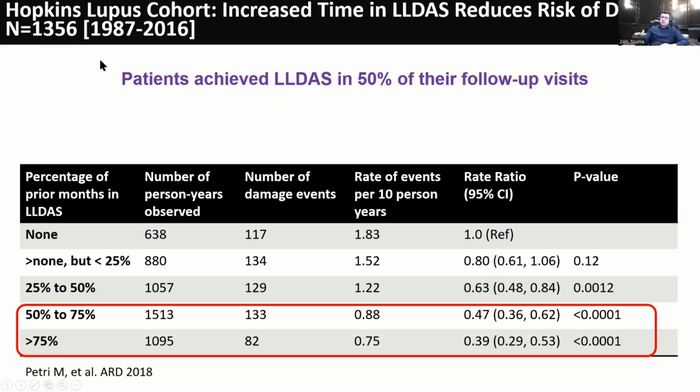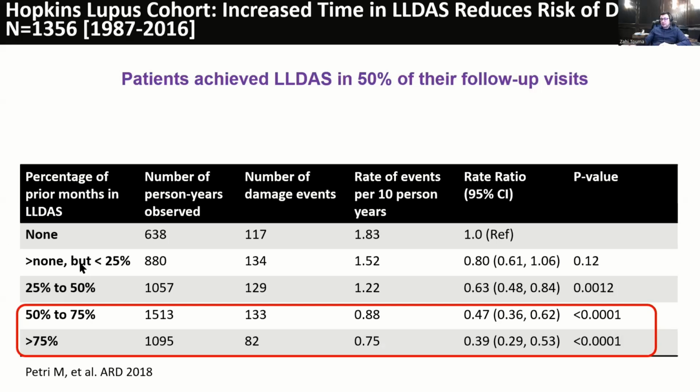So this is another example based on the data from the Hopkins cohort, which included almost 1,400 patients followed from 1987 to 2016. And you can see here that 50% of the patients did achieve this outcome, the LLDAS.